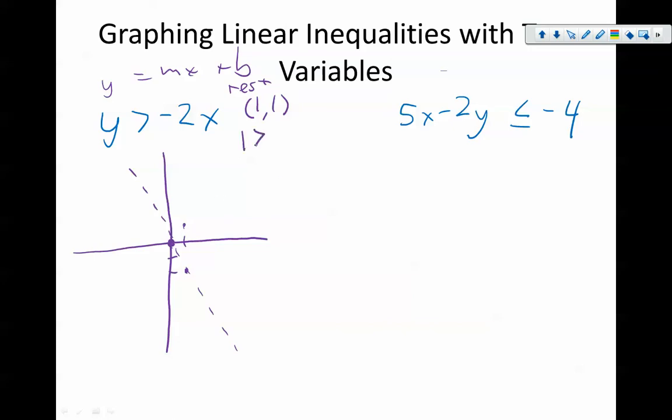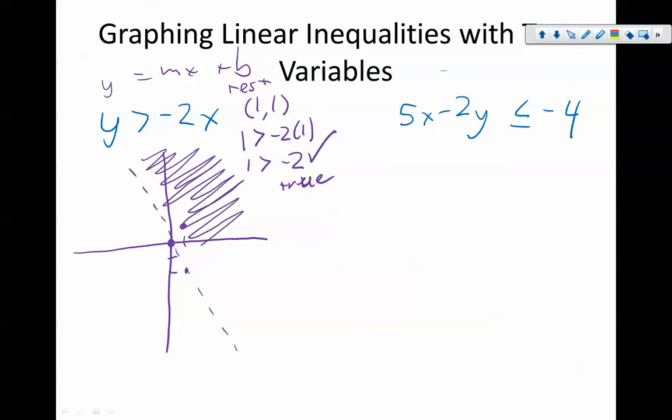So 1 is greater than -2 times 1. That's 1 is greater than -2. True statement. So because (1, 1) was true, everything on this side will be true, and we're going to shade this side of the graph.